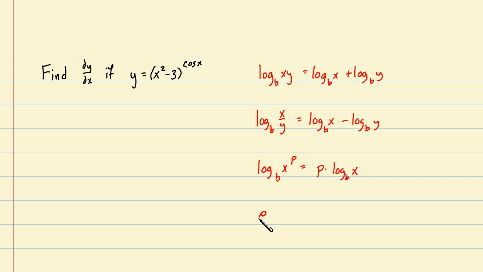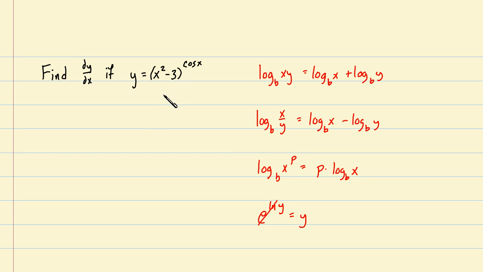In particular, e to the ln of anything, say y, is going to be that same thing, y, right back. E and natural log are inverses of one another. They cancel each other out. So we can take advantage of that here.